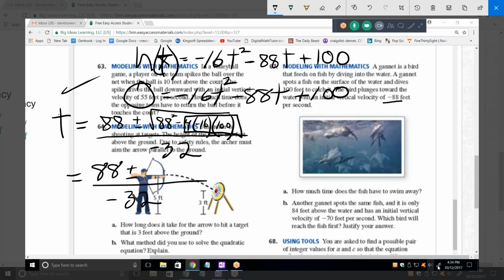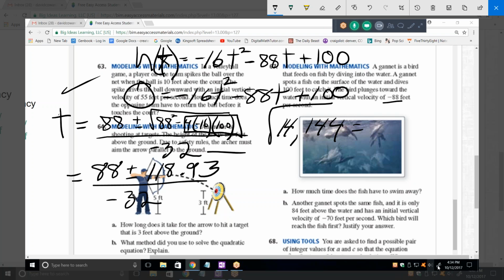Okay. So that's 14,144, the discriminant. And take the square root of that. 118.93.